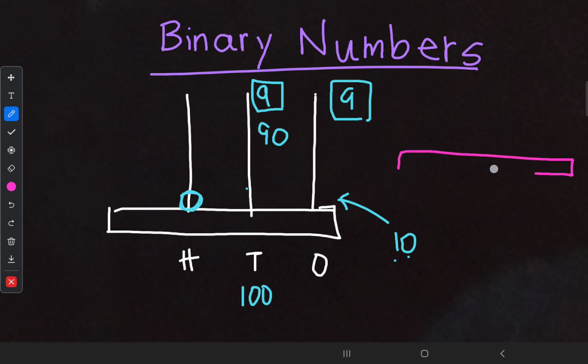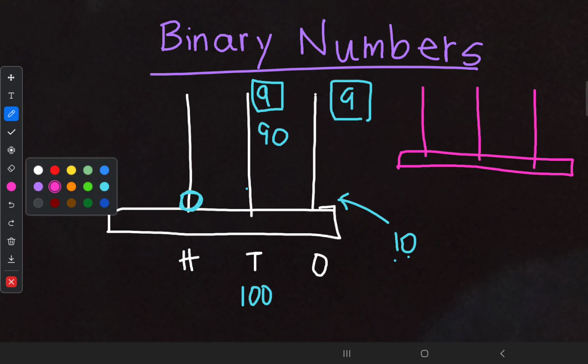In binary numbers, I'll tell the relationship between binary numbers and decimal numbers. Why are we calling this one decimal numbers? You should know that. The ones place means 10 to the power of 0. I'll explain why we are indicating 0 here.